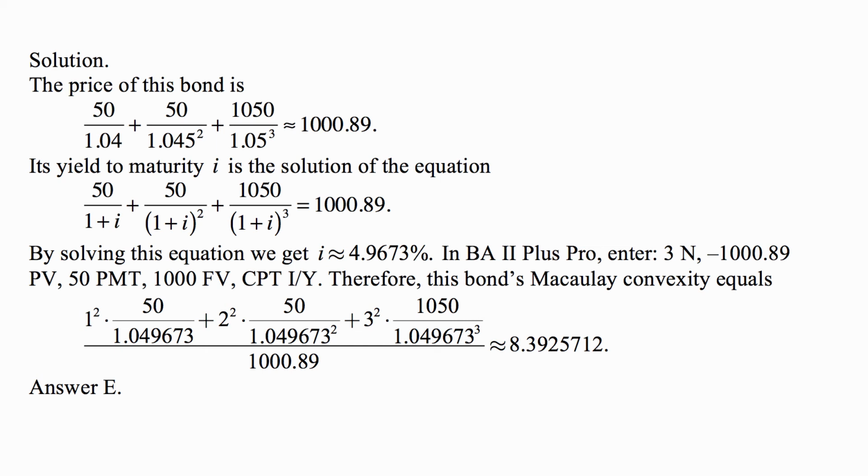That's a standard calculation of Macaulay convexity, so nothing unusual about it. And at the bottom, we simply have the present value, which we calculated to be 1,000.89. And we do this calculation, it comes out to be about 8.3925712, which is answer E.